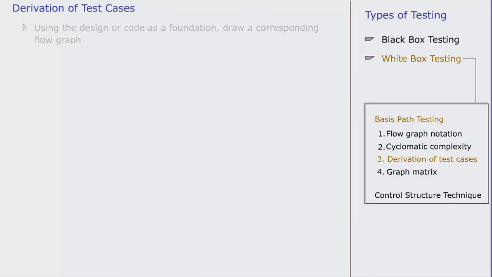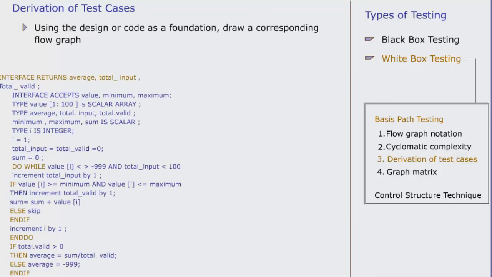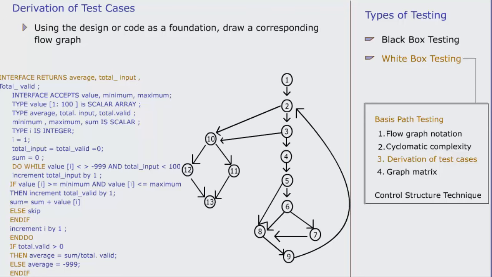Number 1. Using the design or code as a foundation, draw a corresponding flow graph. A flow graph is created according to PDL statements in the program. Different symbols and construction rules are used to draw a flow graph. For the procedure described above, flow graph developed is as shown in figure. Number 2.